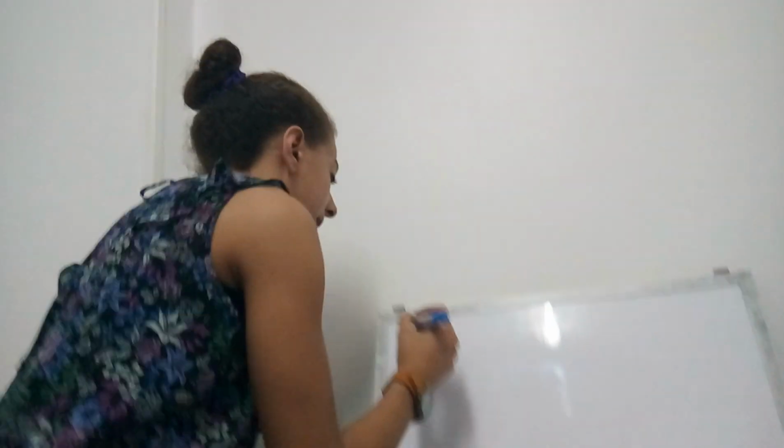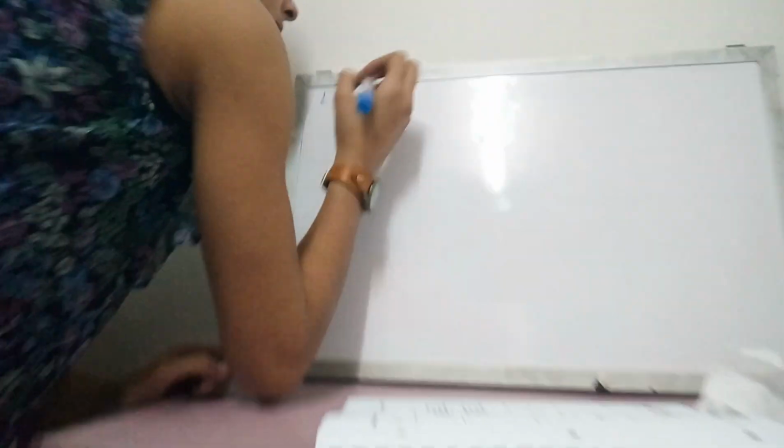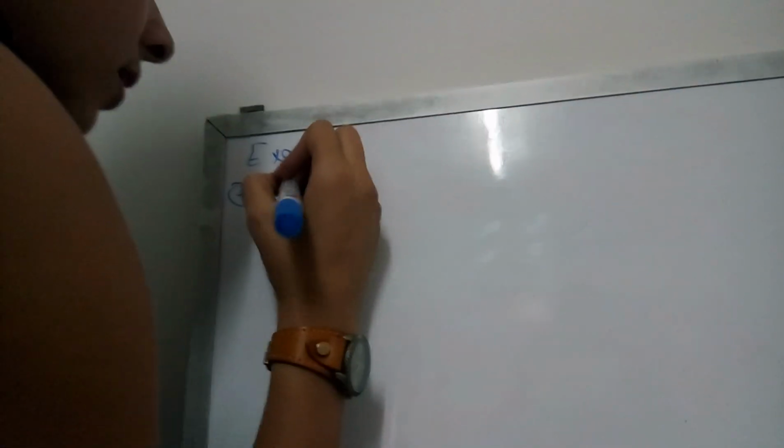First example. Okay, first example will be 67 minus 8 times 2. Sorry, I'll make it bigger in order for you to see.